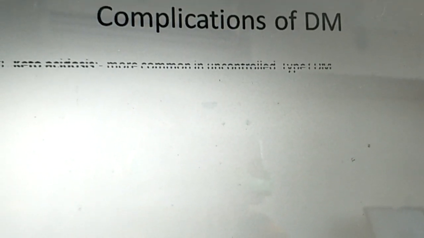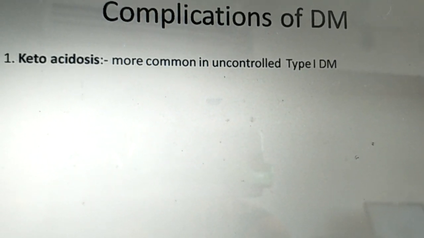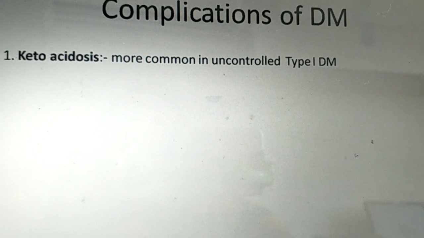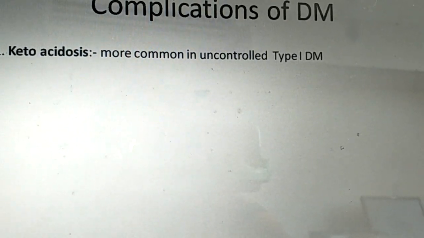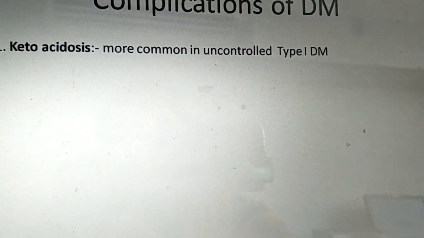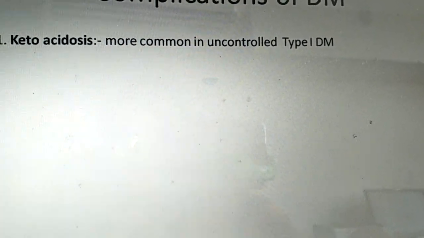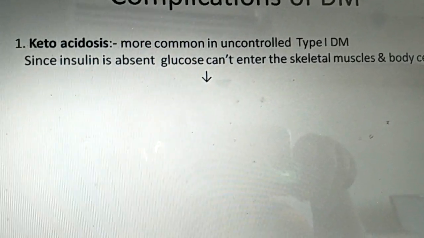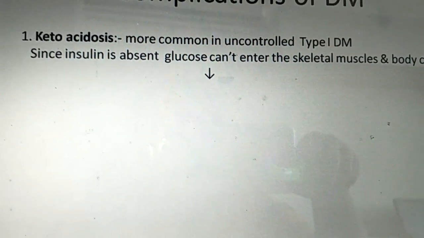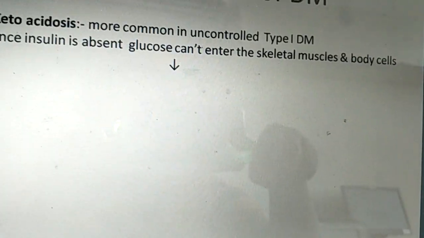What are the important complications? The most important and most severe is ketoacidosis. As we have already discussed, it is more common in type 1 diabetes, especially in those who are not controlled. Now in type 1, as you have seen in the pathogenesis, insulin is absent.